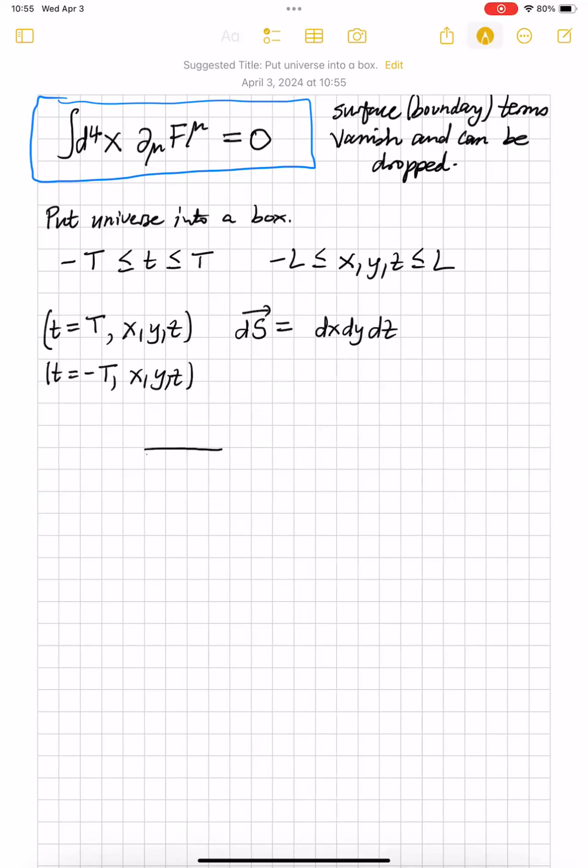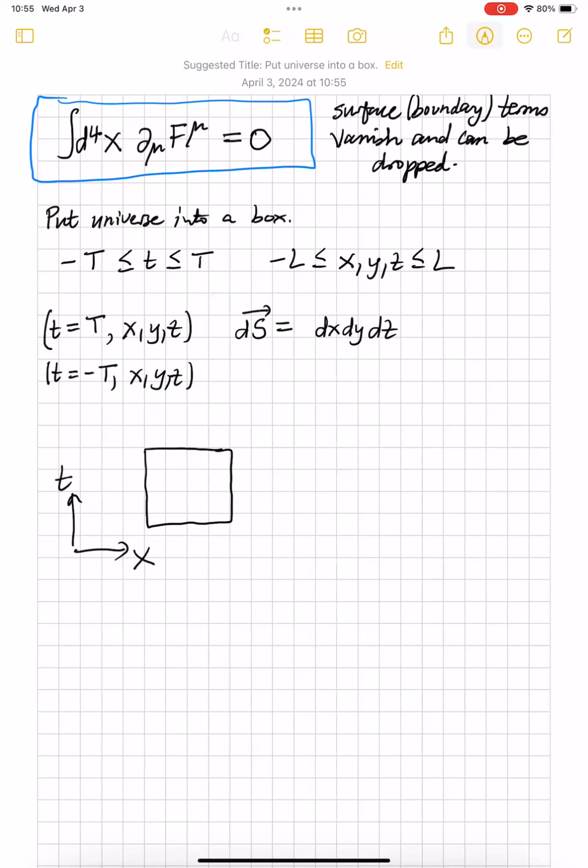So let's imagine this is our box. I'm not going to draw the full 4-dimensional box. I'm only drawing for you the t direction and the x direction. And remember what we said. This volume element on the boundary of the box must always point outside the box.